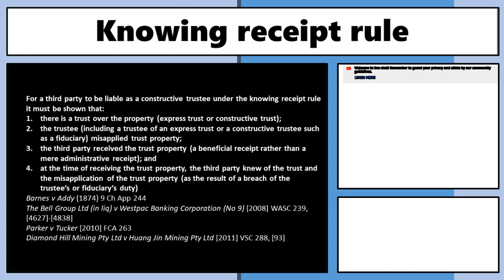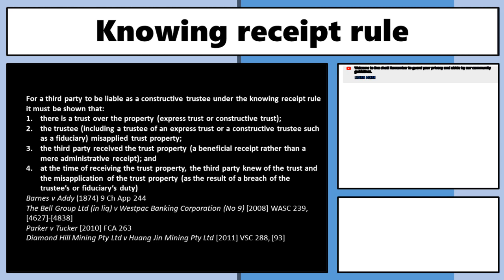Why we are doing this is to try and get money out of a third party, a situation where the trust property is gone. So the third party has money, we're trying to get it out of them. Okay, you've got to prove that they did actually receive the trust property. They talk about the beneficial receipt.